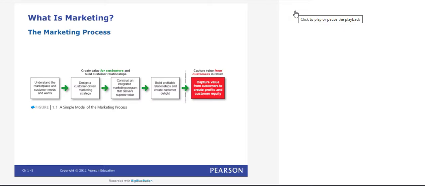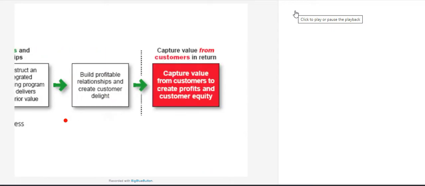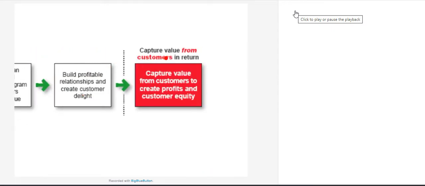And that's why we have this graph about the marketing process. In our definition of marketing, we have this simple model of the marketing process. The first part of this process includes creating value for customers and building relationships with them. And the second part, if you can see, I can zoom it for you here, is to capture value from customers.